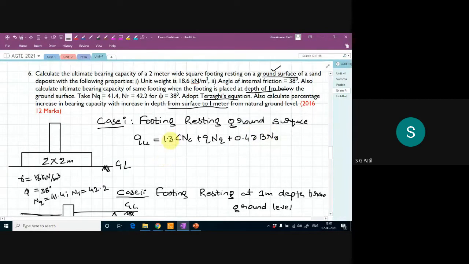Anyway, the first term is going to be 0 because C is 0 here. And you see the Q and Q term also will be 0. Why is this term 0? Can anybody tell me?